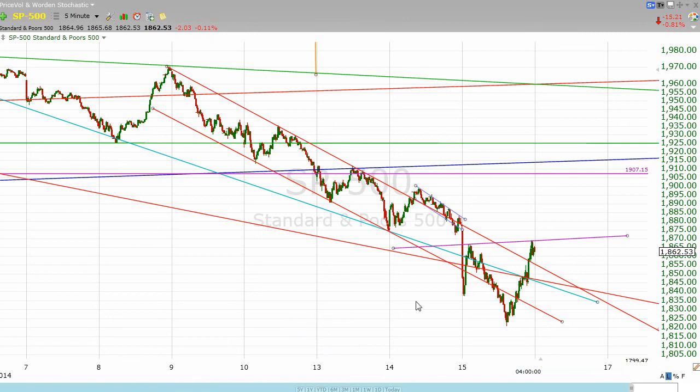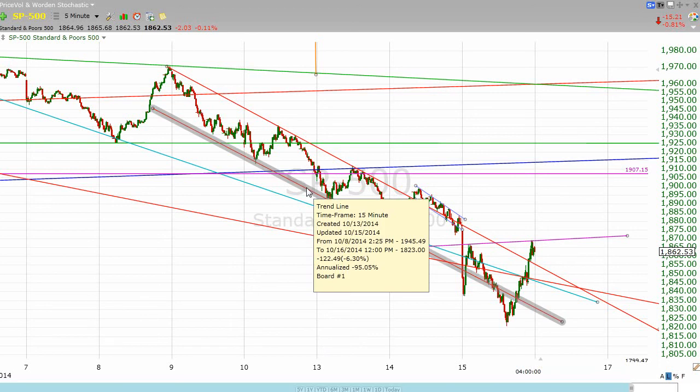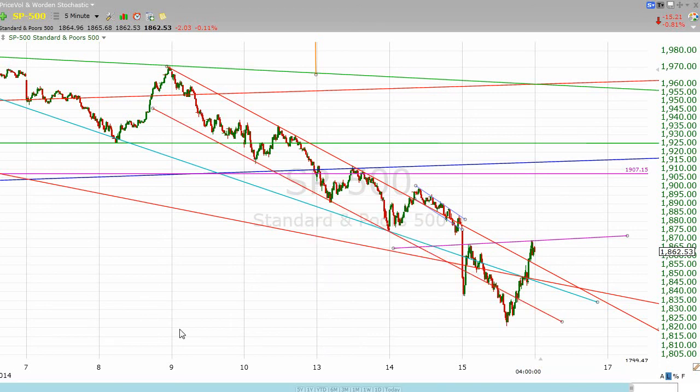And typically when you see that kind of a violation of a descending support line, or when you see an ascending support line get taken out to the upside, oftentimes that marks a top. So I think this could be a bottom.